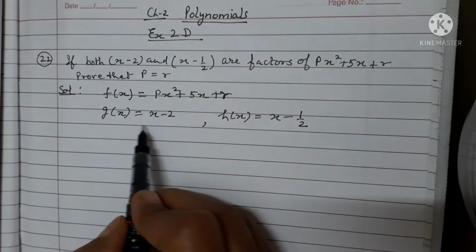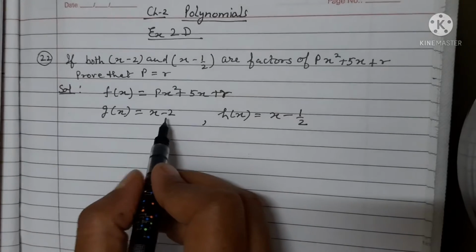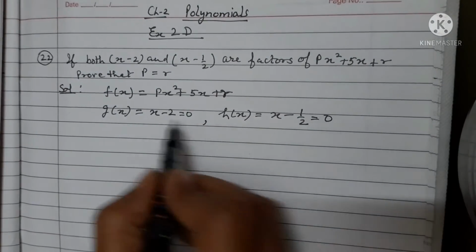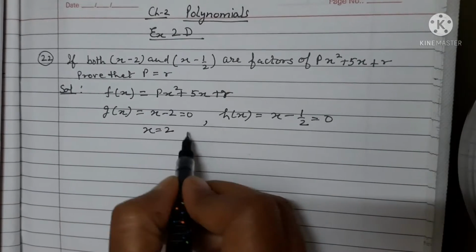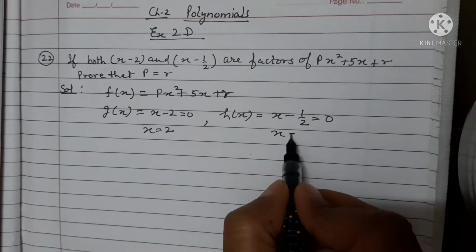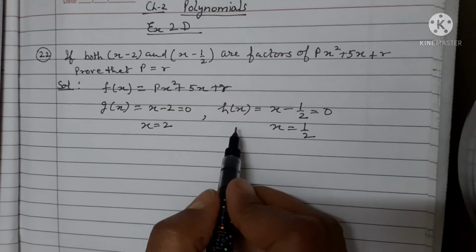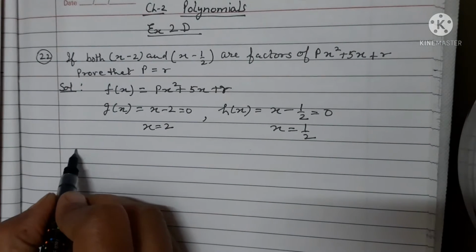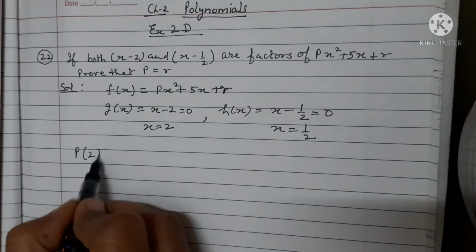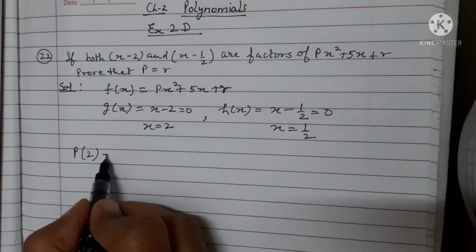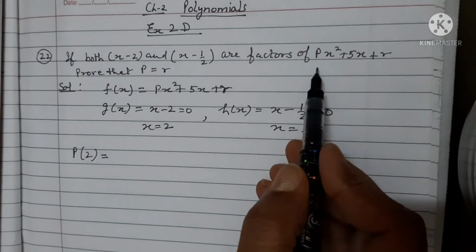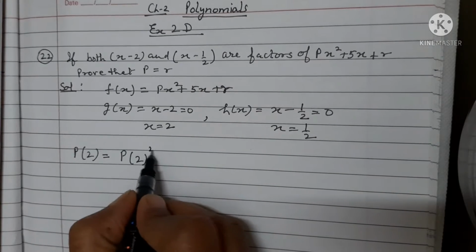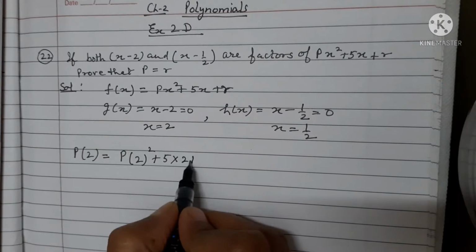Because these are the factors, we have to put each equal to 0 and get the value of x. Here x is equal to 2, and in this case x is equal to 1 by 2. So we have to find the value from this polynomial. For x is equal to 2, we substitute the value in the polynomial: p into 2 square plus 5 into 2 plus r.